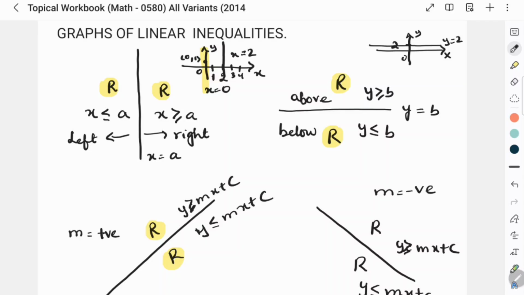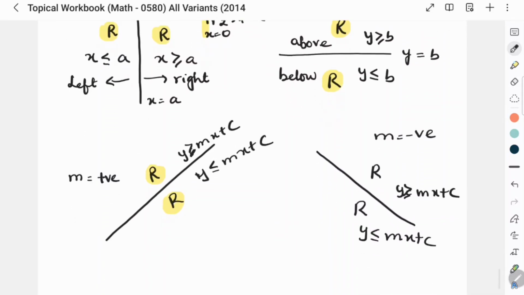The same way, every horizontal line is y equals, but the x-axis has the equation y equals 0, because sometimes you need to draw it or recognize it. Now come to the line which has some slope.